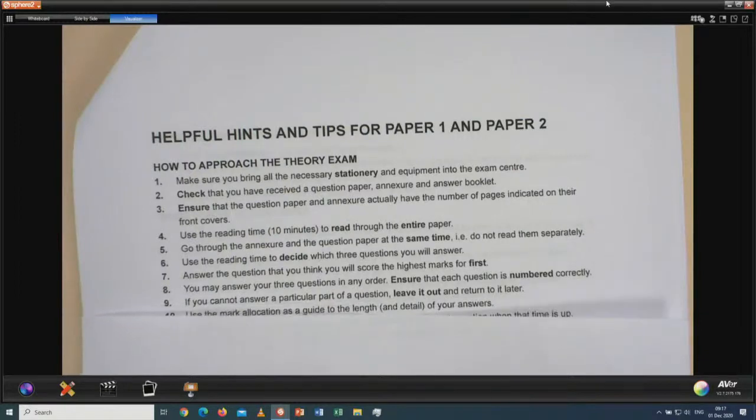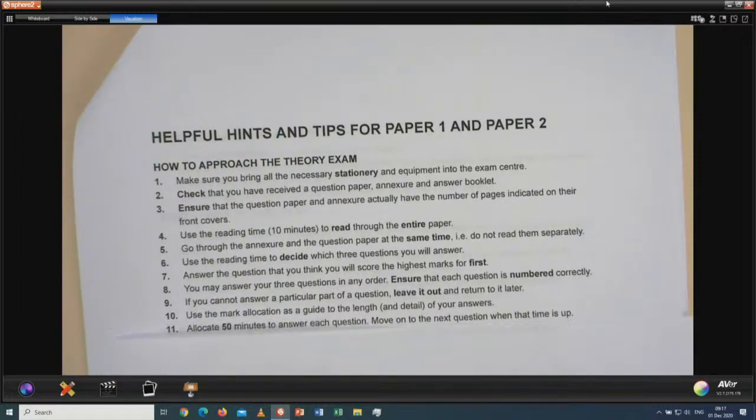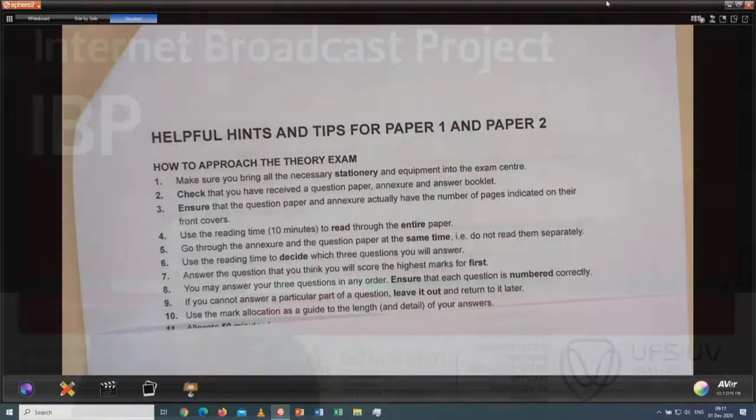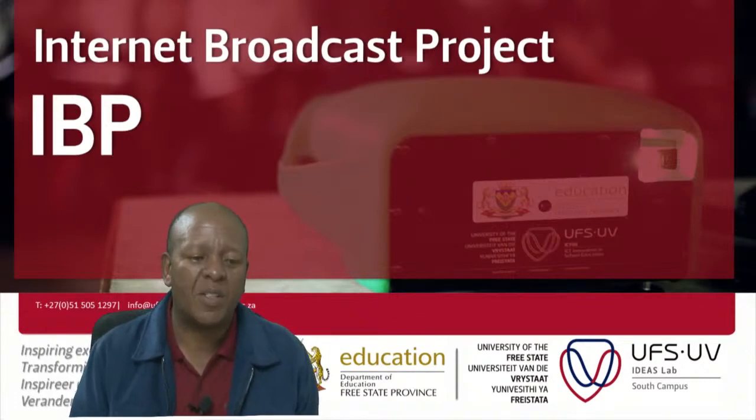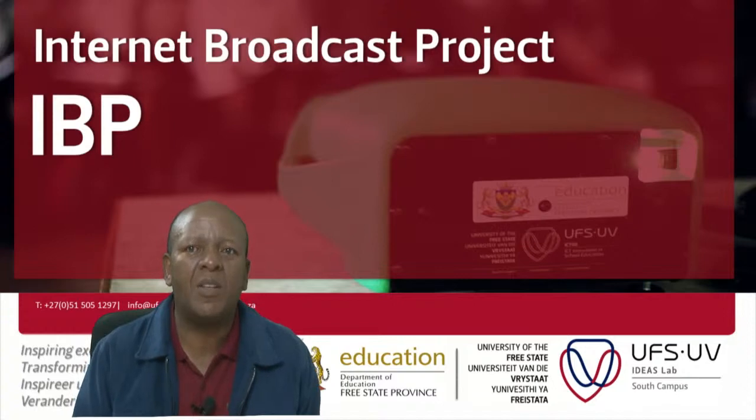And then number 10, use the mark allocation as a guide to the length and the detail of your answer. If the mark allocation is 1 mark, don't write a full paragraph for 1 mark. If the question is 8 marks, make sure that you answer enough for 8 marks, because the 8 mark questions are normally discussion questions.